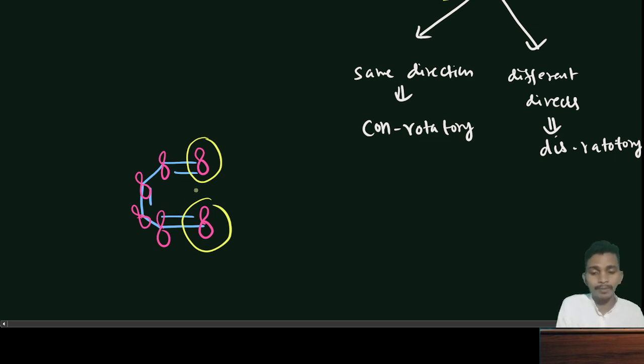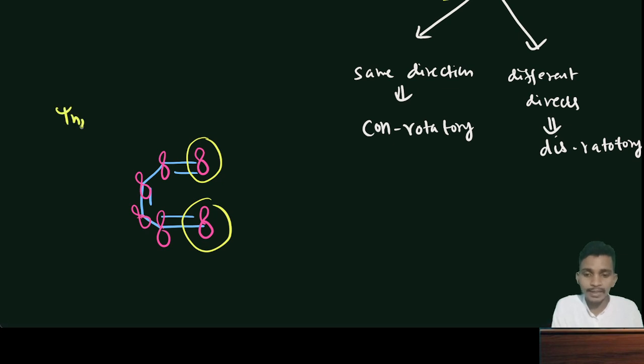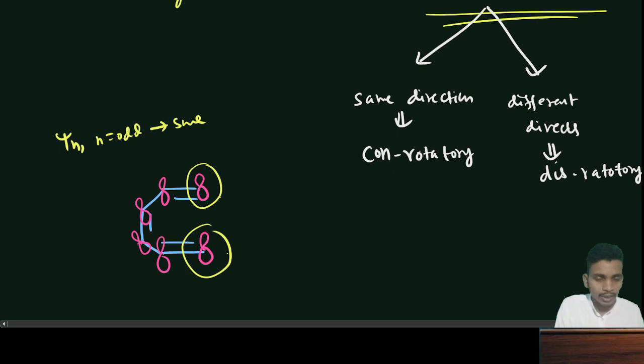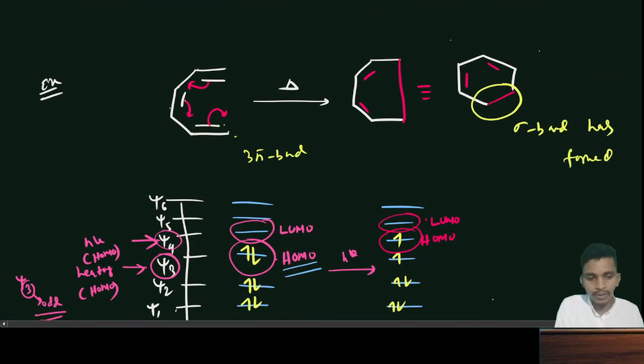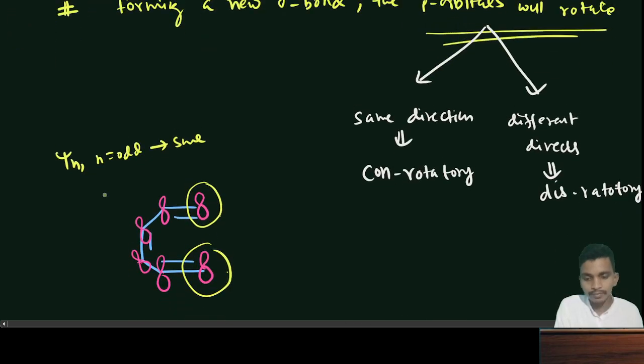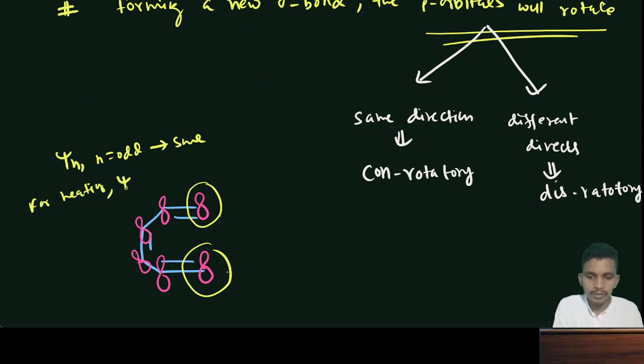And for those terminal lobes, if psi n and n is odd, then they have the same sign. Now for heating, psi 3 is the HOMO, so we should analyze it.